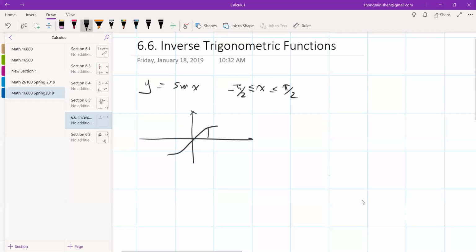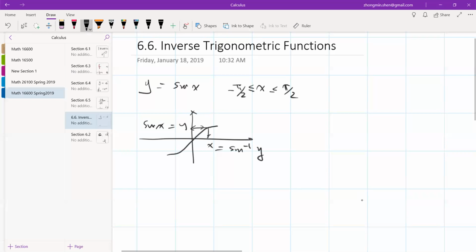So here you have x, then you get a y, but conversely, you get a y, then get an x. Let's see, how can I describe the inverse? This is y equals sine x.